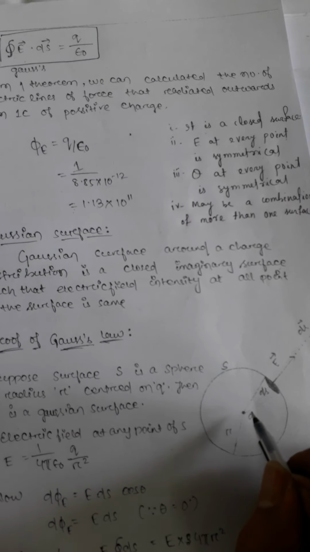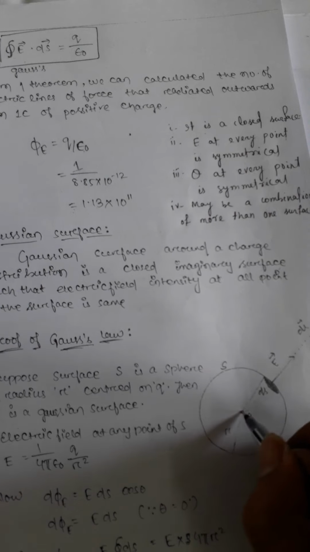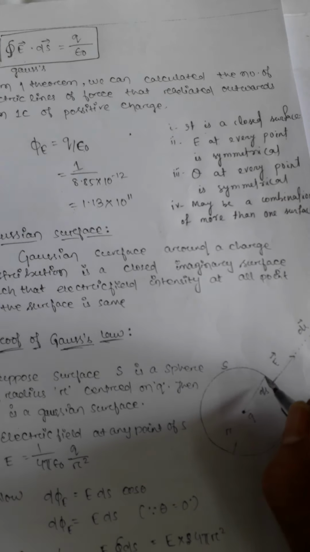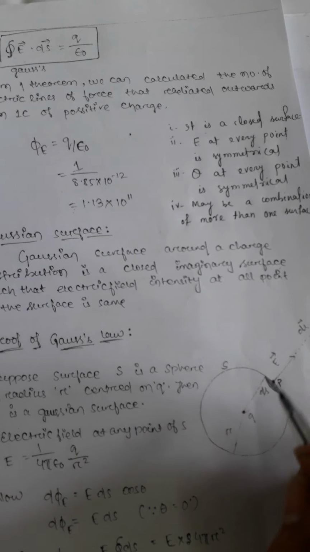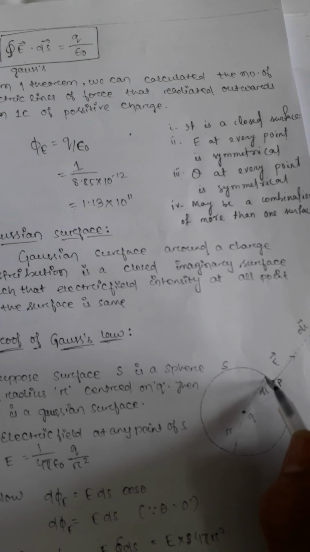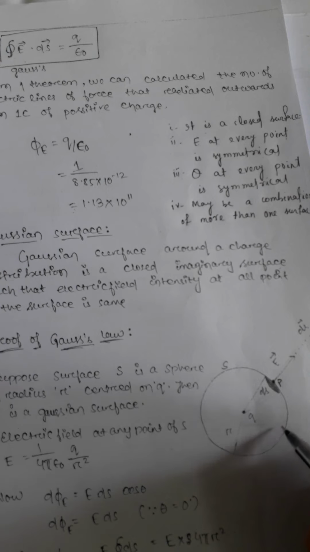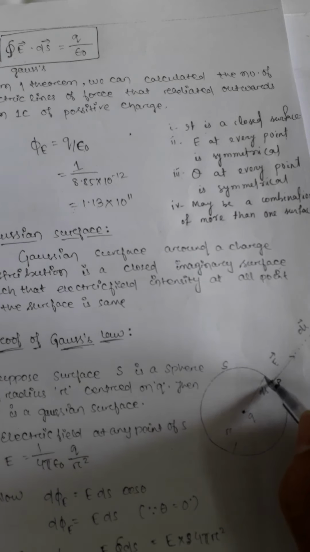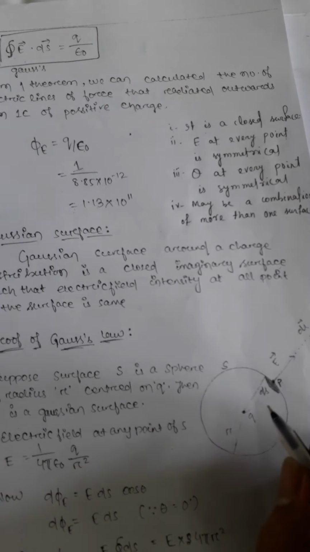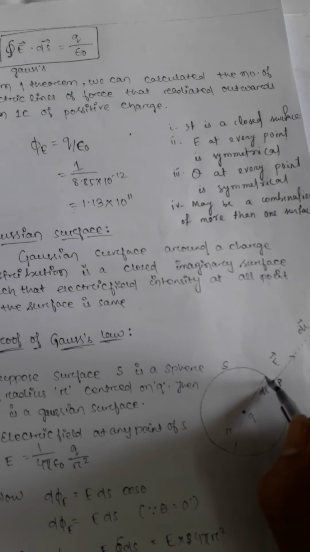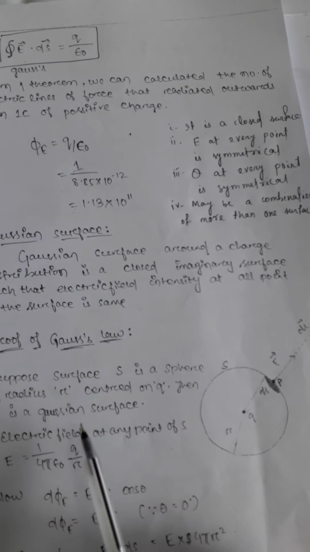Suppose this is the charge Q placed here, and we have to calculate the electric field at this point P. So, let us consider an imaginary surface, that is Gaussian surface, which is crossing this point P. We can imagine this surface which is passing through this point P, and we have to calculate at this point P the net electric field.